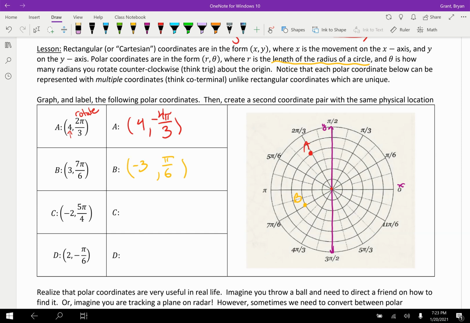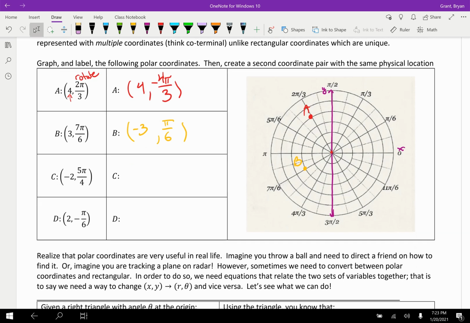So to recap, positive rotations counterclockwise, negative rotations clockwise, positive values of r move in the direction that you're rotating, negative values of r move you in the opposite direction of where you're facing. I think that probably gives you enough to graph C and D. Once you've graphed those two, unpause and we'll make sure that you're in the right spot. Ready, set, go.